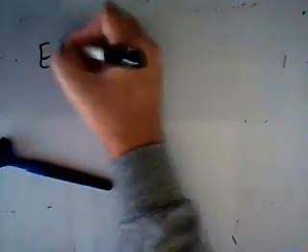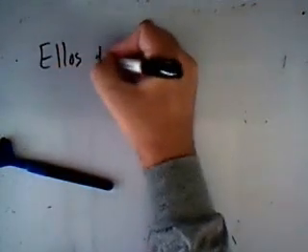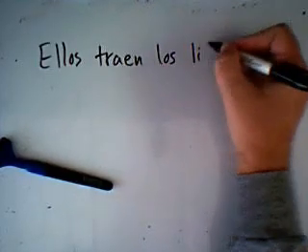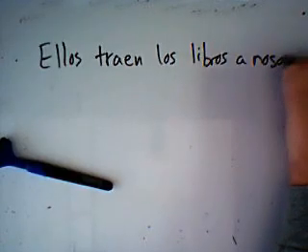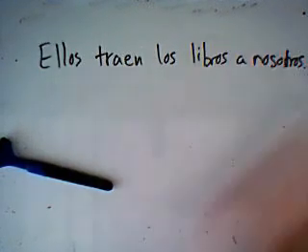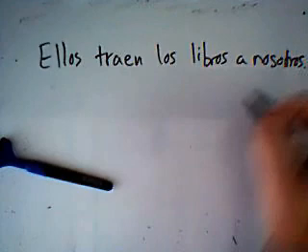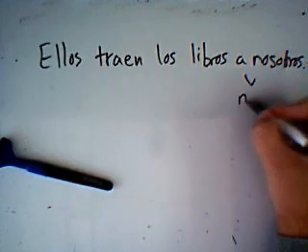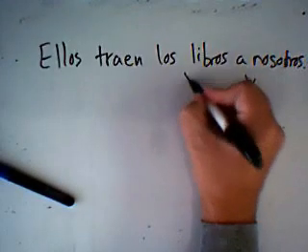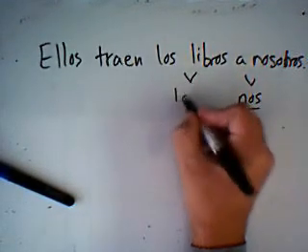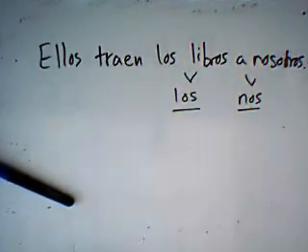How about ellos traen los libros a nosotros. Okay? Again, a nosotros is going to be reduced to the indirect object pronoun nos. Los libros is going to be reduced to the direct object pronoun los.